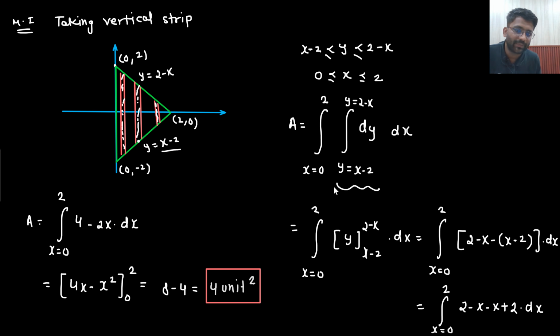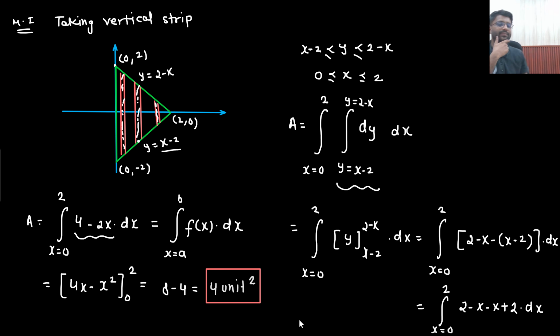Another thing you can see here. When I solve this particular integration, what scenario was I getting? Isn't it some limit x going from a to b of a function of x, f(x) dx? Yes or no? What is it representing? Eventually it is representing the area.